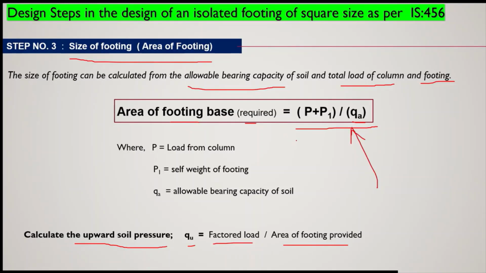Then accordingly, we will decide whether it is a square footing or a rectangular footing, and by approximating the size, we will be deciding the size of the footing, and that will be known as area of the footing provided. So when we take the factored load divided by area of footing, which we have provided, actual area of footing provided, then we can calculate the upward soil pressure given by QU.